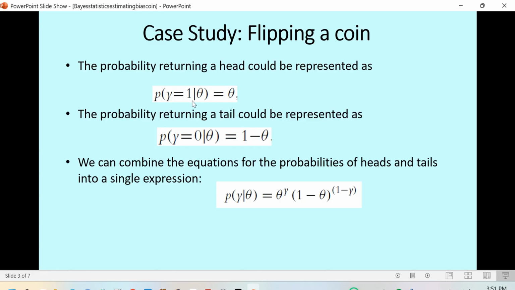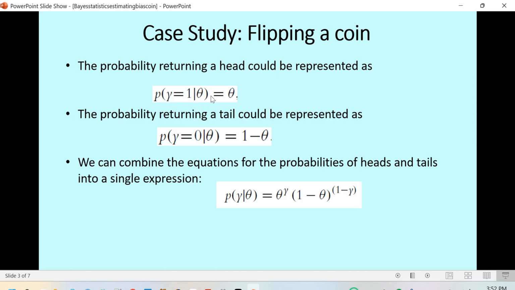So what does this mean? The left side means that there is an underlying constant probability theta of returning the positive result. Here positive is gamma equals 1, which is a head. So the underlying probability of giving a head is theta.